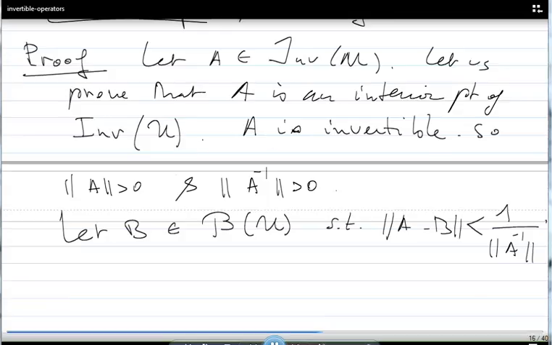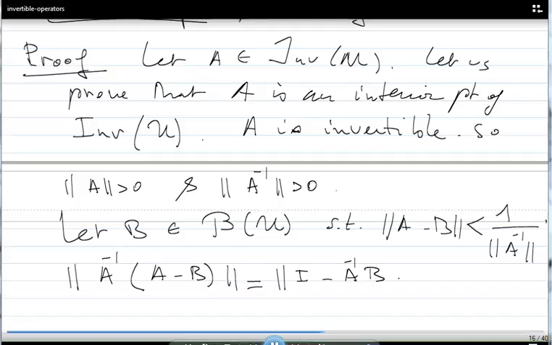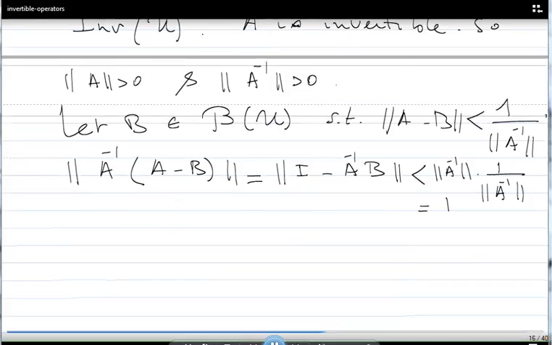In this case we get the norm of A inverse times (A minus B), which is the norm of I minus A inverse B, and this is less than the norm of A inverse times the norm of A minus B, which is less than the norm of A inverse times 1 over the norm of A inverse, which is equal to 1. So the norm of this operator is less than 1.